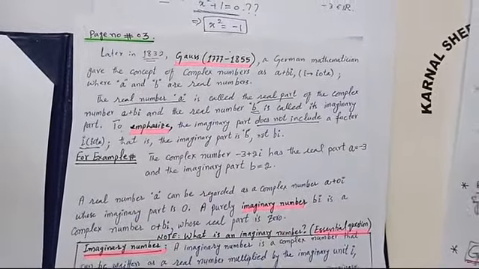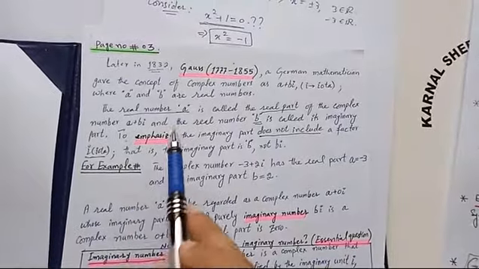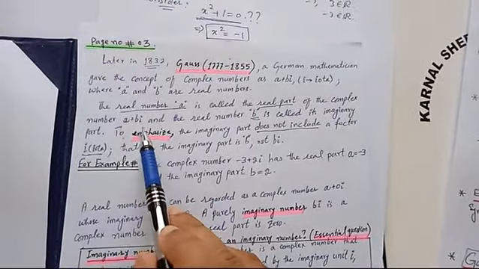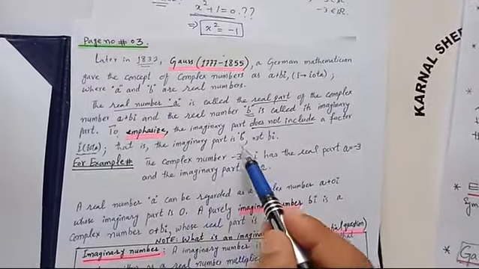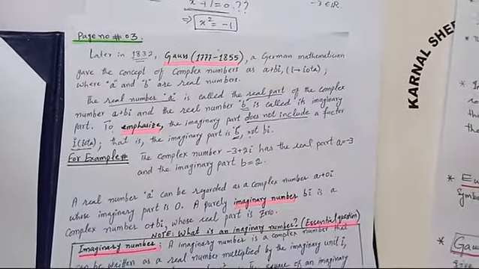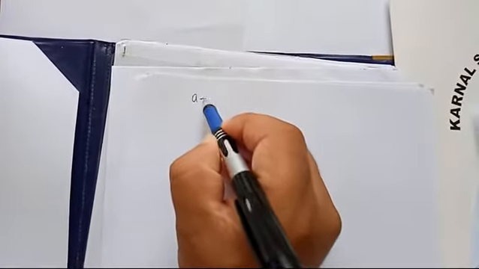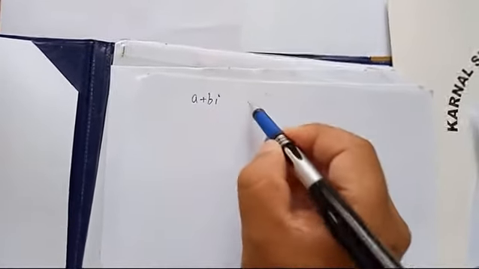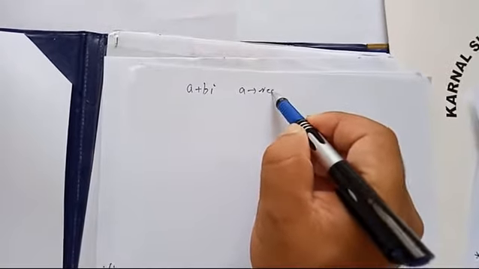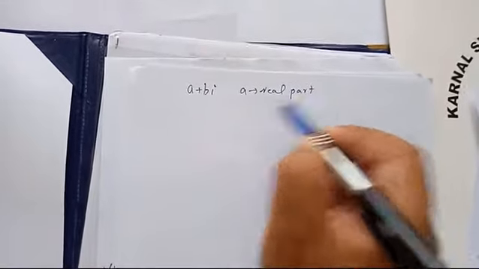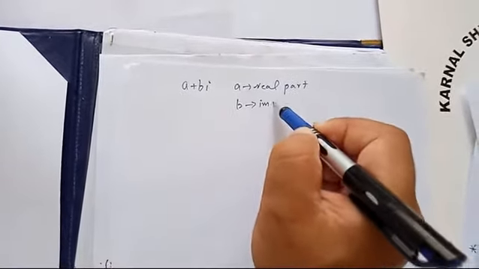Just b is the imaginary part, not b iota. In this complex number a plus b iota, a is the real part, b is the imaginary part.